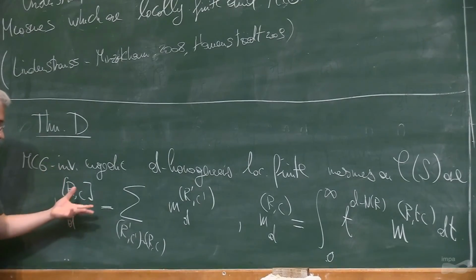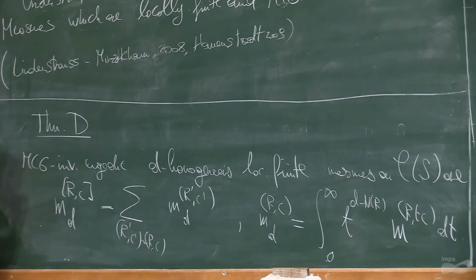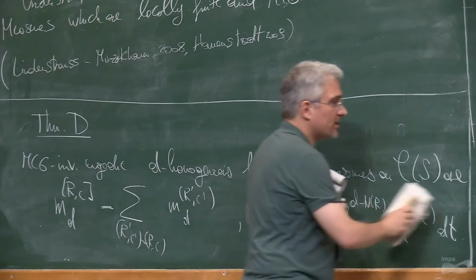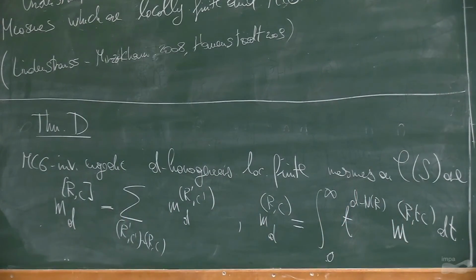But in particular, the result is that there is only one. So all the homogeneities are greater than or equal to n of s. Lindenstrauss and Mirzakhani already showed that they are at least of homogeneity n of s. What we show is that there is only one which has homogeneity exactly n of s, which is Thurston's.